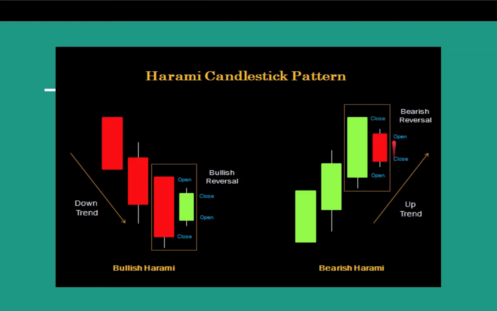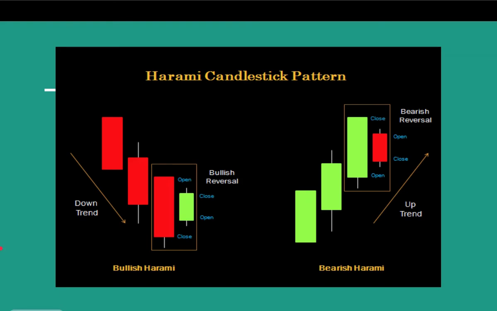This small real body, the red one, shows us there is uncertainty in the market. As you learned in previous episodes, the limited price range of the small real body, especially when it follows a real body with a wide price range, shows that the trend velocity has weakened.